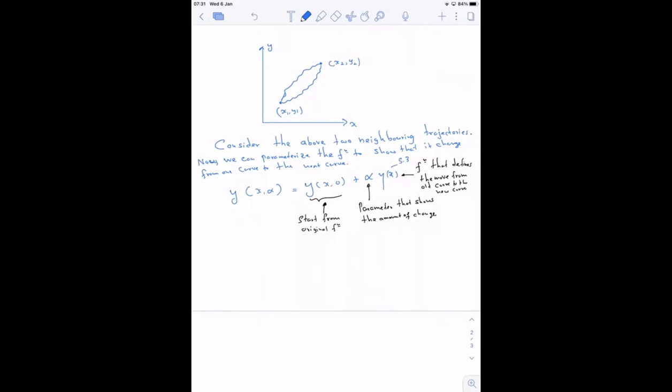Now this integral that we are considering should depend on this alpha, right? Because that is the parameter that changes when you go from one curve to the other. And according to Hamilton's principle, the line integral should be a function of this parameter.